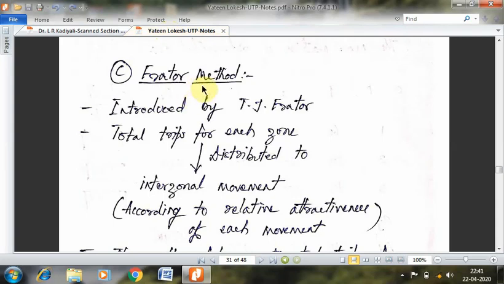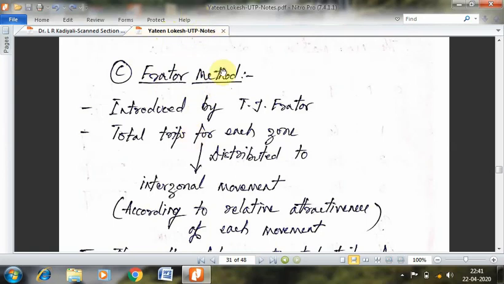Okay, so in this video, I'll be discussing with you all about Fratter's method. Now, this Fratter's method is the third type of doing trip distribution under growth factor trip distribution techniques.